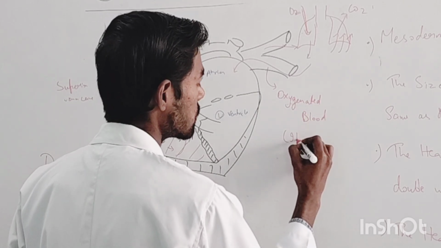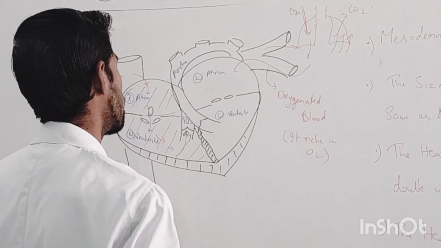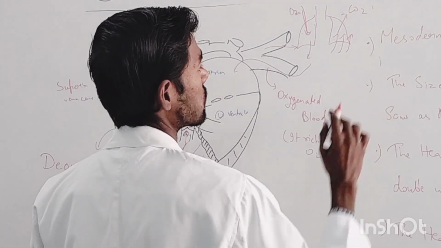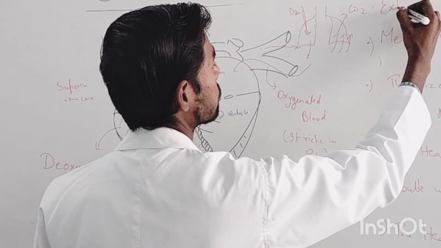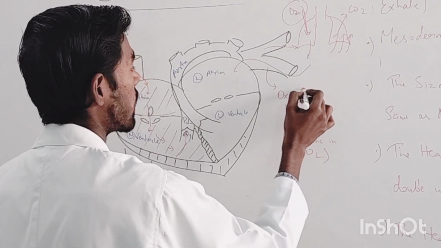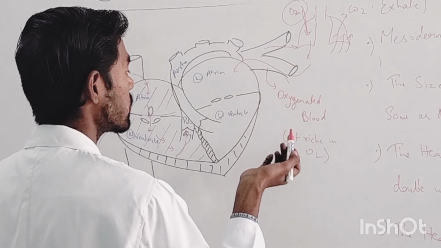Oxygenated blood means it is rich in O2. That means the CO2 rich blood has left all the CO2 in the lungs, which we exhale, and carries all the oxygen which we inhale and takes it back to the heart, in which chamber?